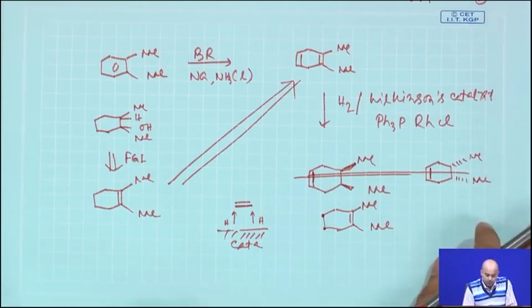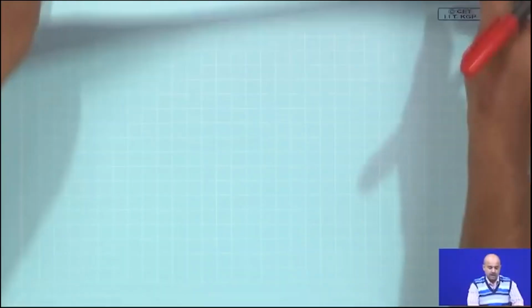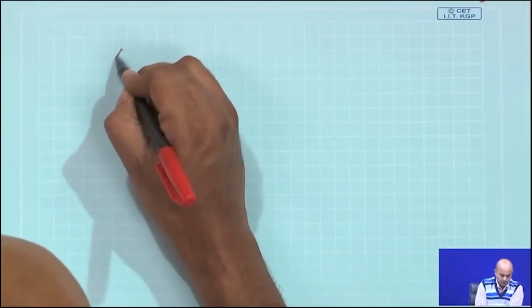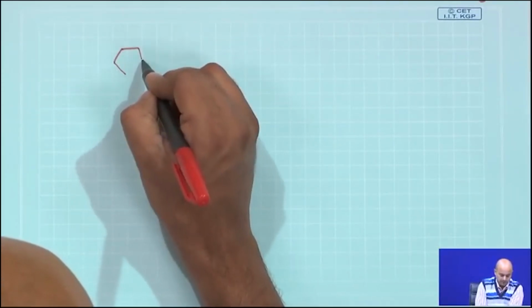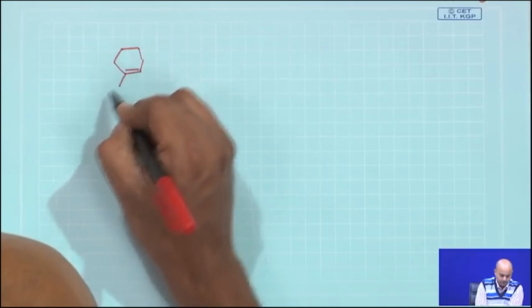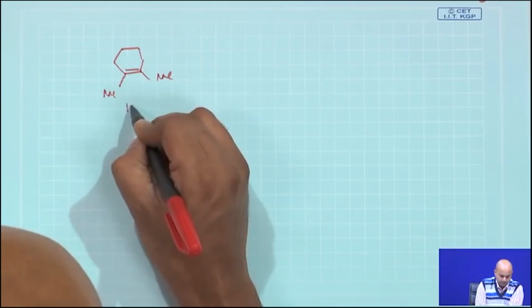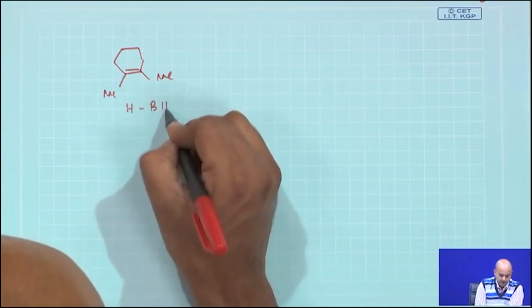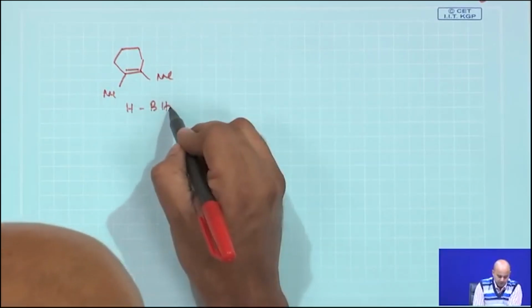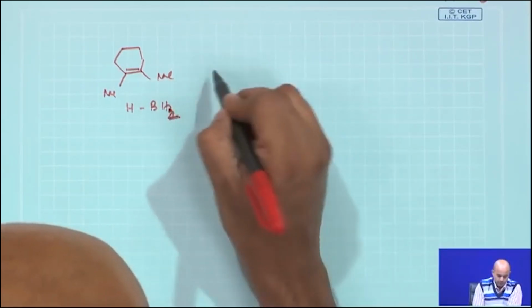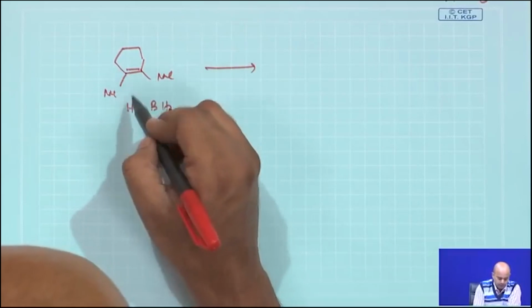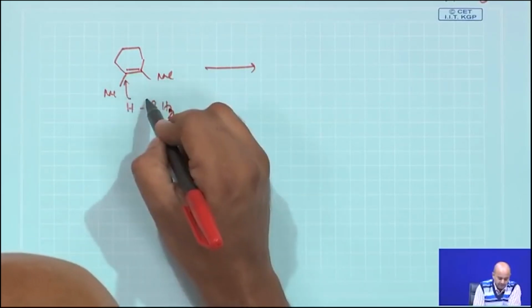So now next you have to do a hydroboration reaction. We will now write the olefin in this way, the methyl and methyl. Hydroboration is basically addition of hydrogen and BH2, and we always say hydroboration is a syn addition.